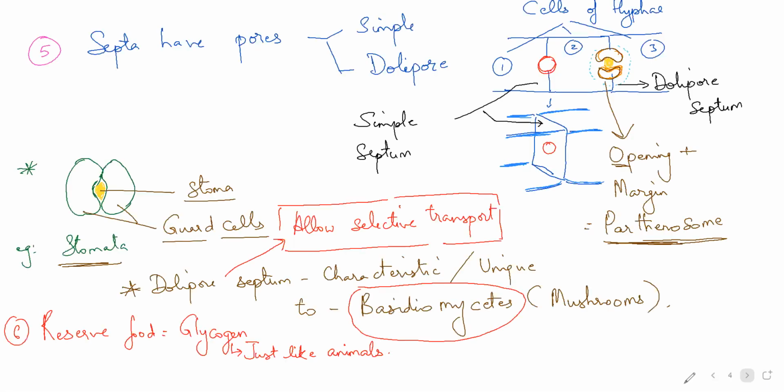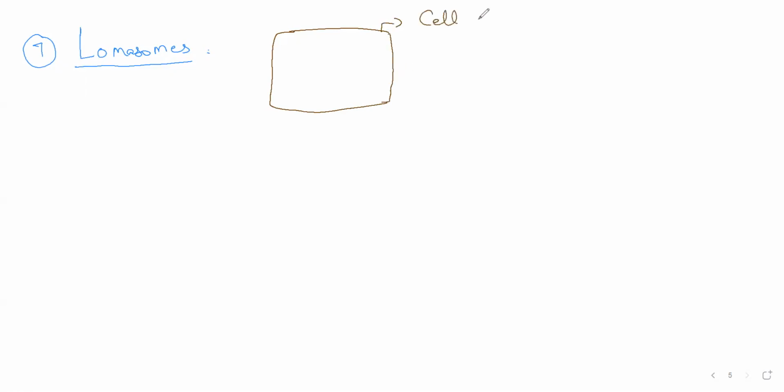Now, what's the number? 7 general characteristics. Lomasomes. Lomasomes are again unique to the fungi. So what are these lomasomes? Let this be the cell wall. I'll just draw a diagram. This is the cell wall. Now inside the cell wall, the cell membrane is forming foldings like this.